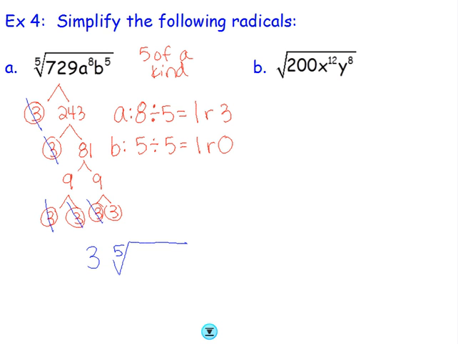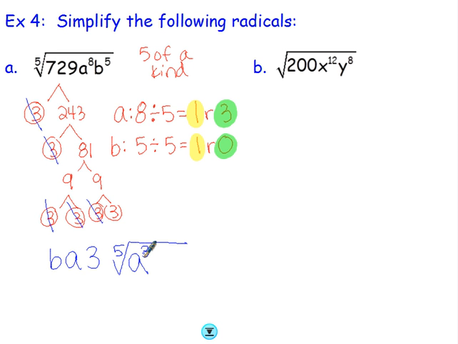Let's look at the letters. The 1 and the 1 tell us what goes outside. There is 1 A outside. There is 1 B outside. The 3 and the 0 tell us what is left inside. There are 3 A's inside, and there are no B's inside.